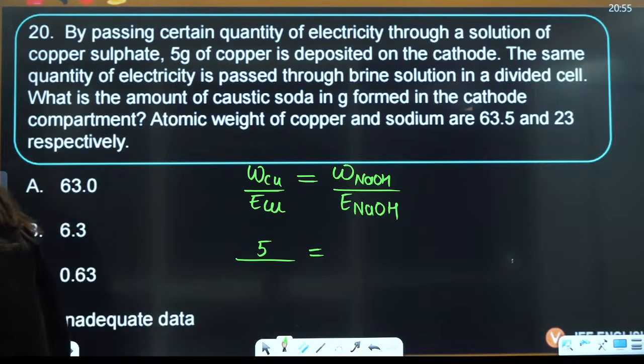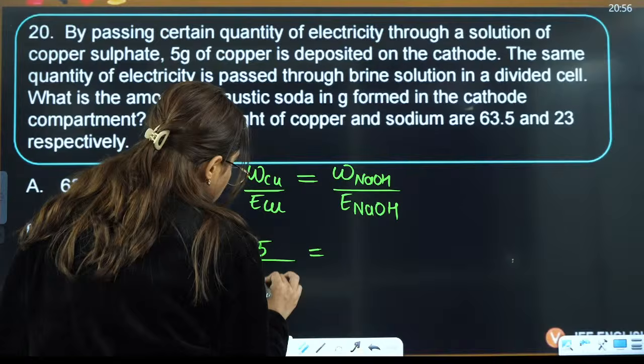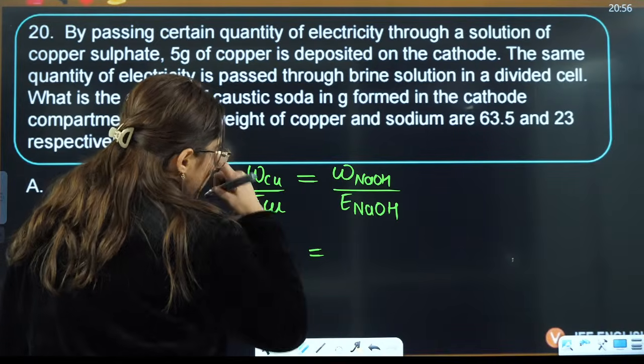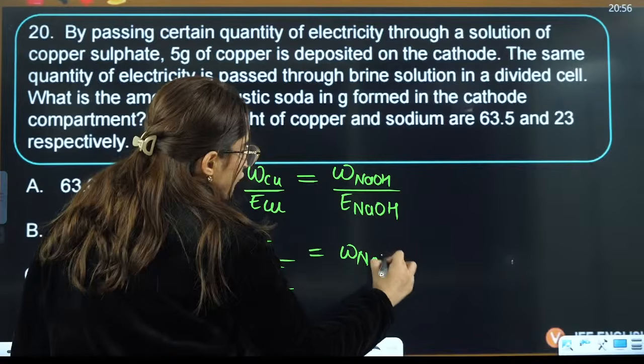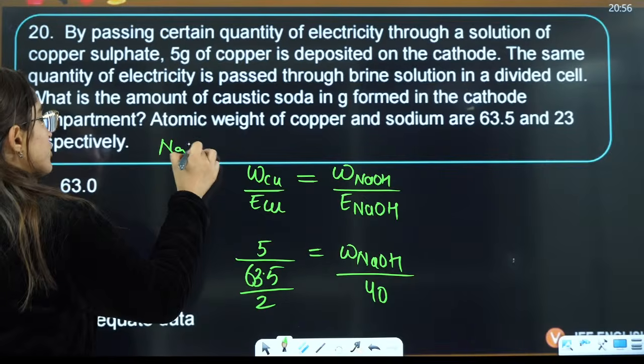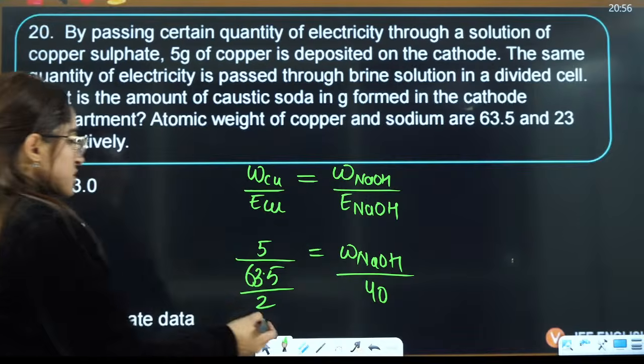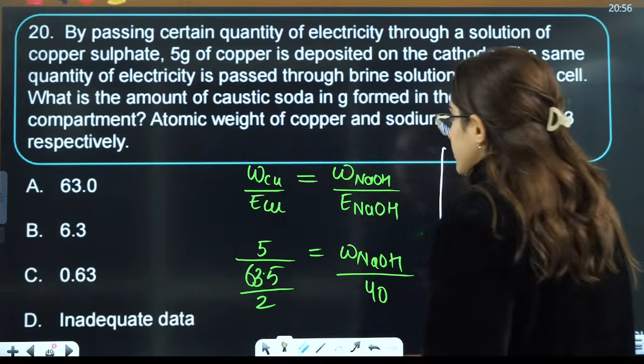This is 63.5 by 2, and this is the weight of NaOH you have to find. This will be 40. Now NaOH gains 1 electron, so the n-factor is going to be 1. Now you just have to solve it and you will get your answer here.